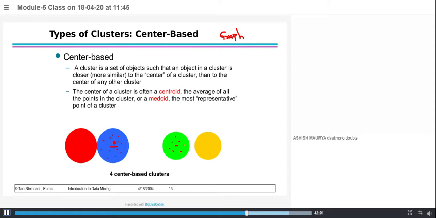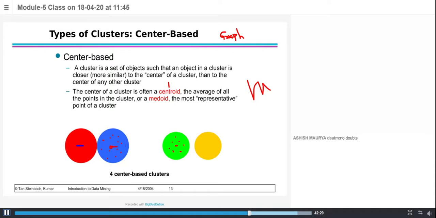Whenever we are forming a center, of course we are going to use the centroid, like the mean. If you consider this group and calculate the mean of that group, then we can easily find the centroid. If we know the centroid, we will see what is the exact distance between an object and each centroid.